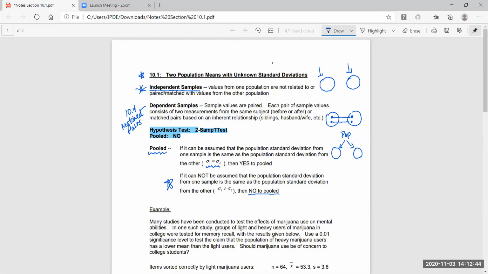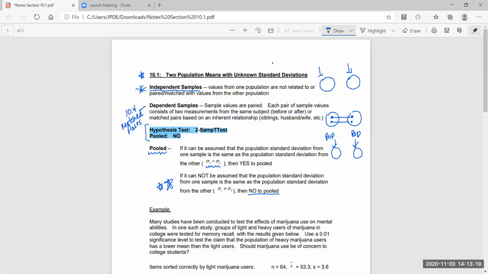And again, that's making the assumption that the two population standard deviations are different. So I would look at it as you're pulling this sample from one population, you're pulling this sample from another population. And it's safer if you're going to make an assumption to assume that they're not equal. Again, pooled, you're going to say no. And I'll show you when we enter in the calculator how that works.